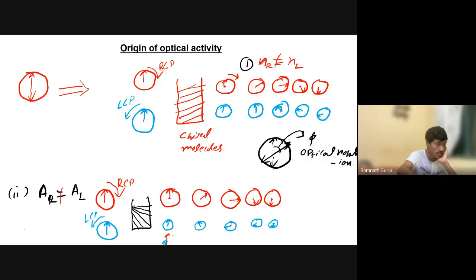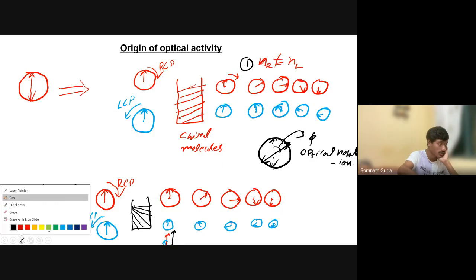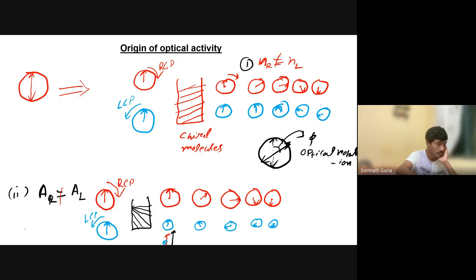This will be my resultant in black, followed by the right hand circularly polarized component.